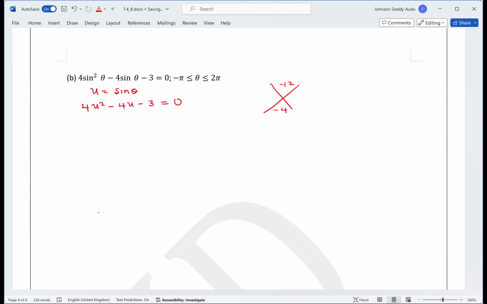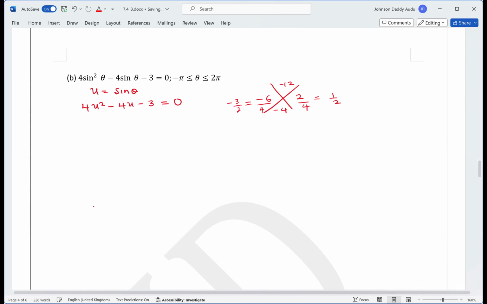We can go with minus 6 and plus 2, because minus 6 times 2 gives us minus 12, and minus 6 plus 2 gives us minus 4. Then we can also divide by the coefficient of u squared, which is 4. This is going to be 1 over 2, and this is going to be minus 3 over 2, right?